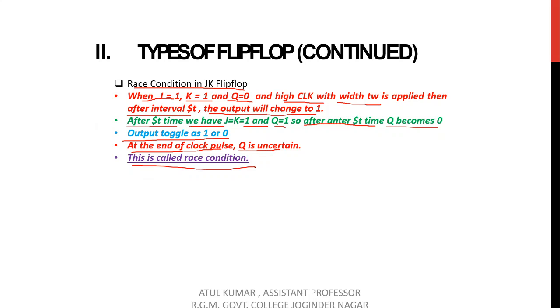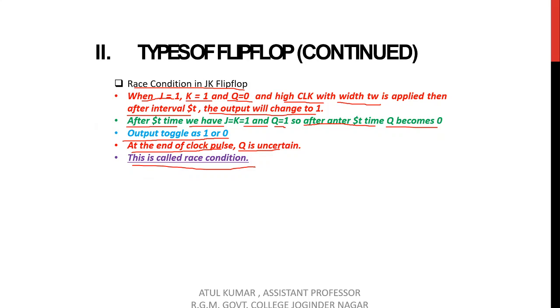So if J is equal to 1 and K is equal to 1, and the width of the clock pulse tw is large while the clock pulse is high, then after a time delta t there is a toggle or complement in the output.